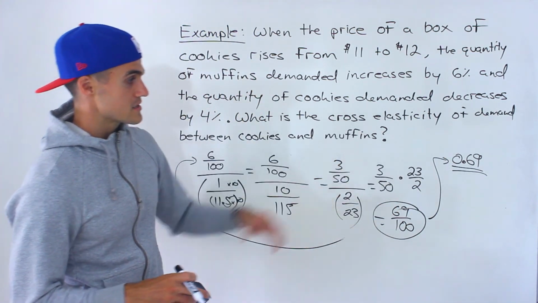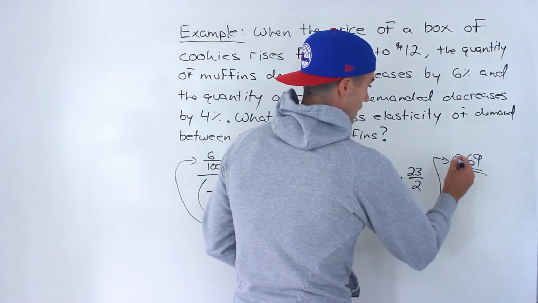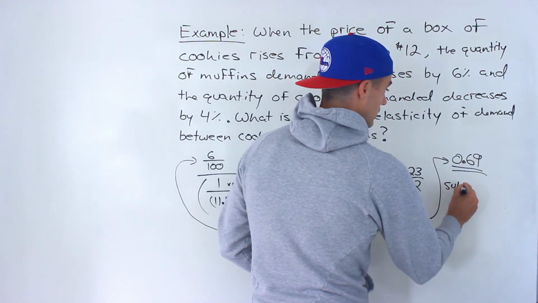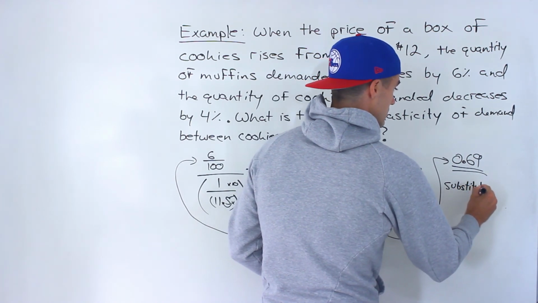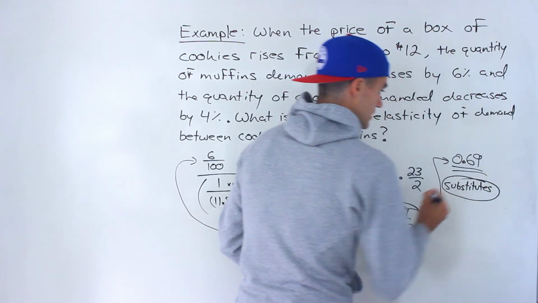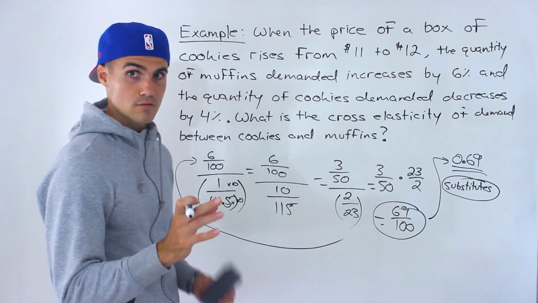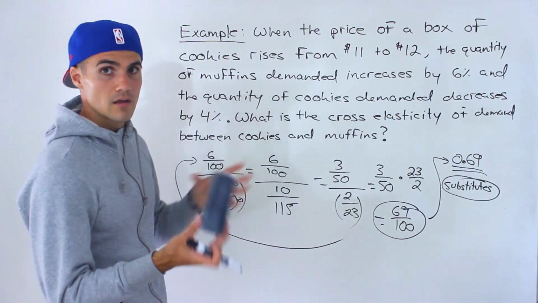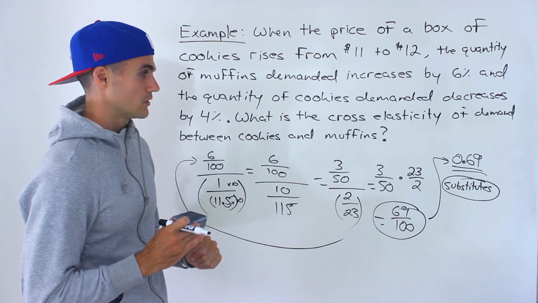Now, because it's positive, notice that these two products are substitutes. Right? When the cross elasticity of demand is positive, the two products are substitutes, and that makes sense. Cookies and muffins, they're substitutes. They're not really complements.